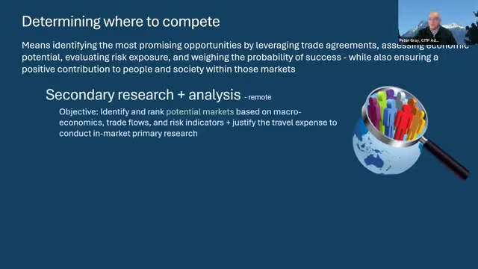Now, it's a sequential process and it starts with secondary research and analytics, which we do remotely. And our objective here is to identify and rank potential markets based on macroeconomics, trade flow data, and risk indicators. And ultimately, this step justifies the travel expense to conduct in-market primary research.